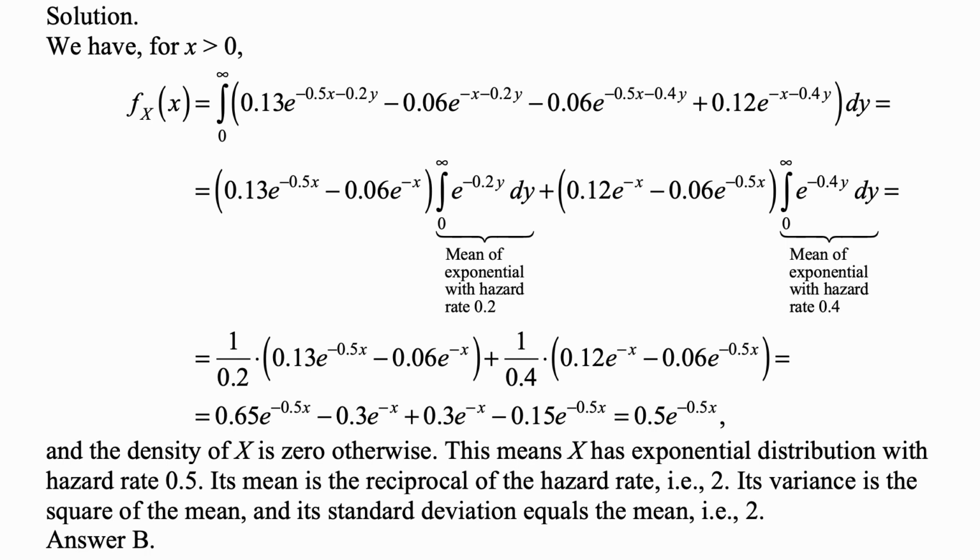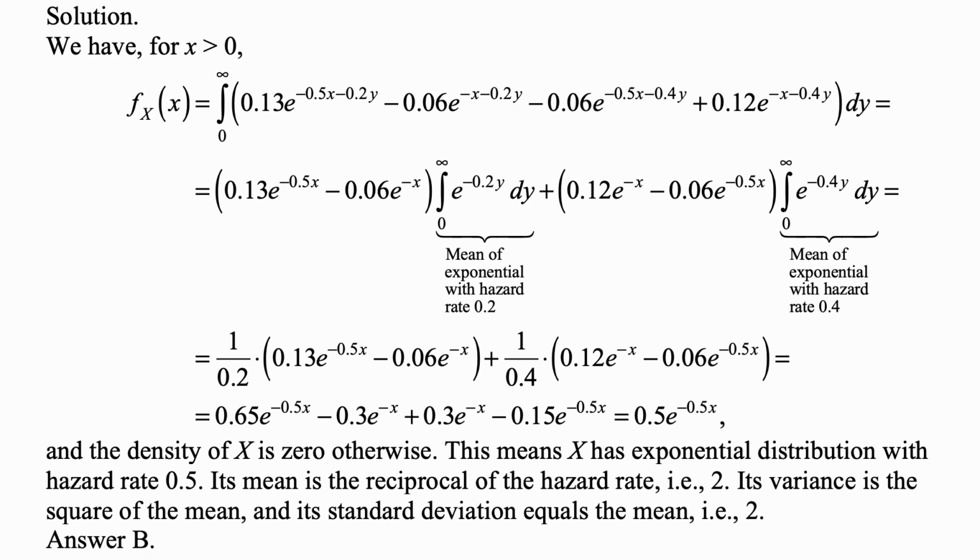And now we notice that we need to take the integral with respect to y, and in this expression we have four exponential expressions. So look at the first one first. E to the minus 0.5x minus 0.2y is really e to the minus 0.5x times e to the minus 0.2y. We're doing the integral with respect to y, so the expression e to the minus 0.5x is just a constant, so is 0.13 with respect to y. So we could put it in front of the integral.